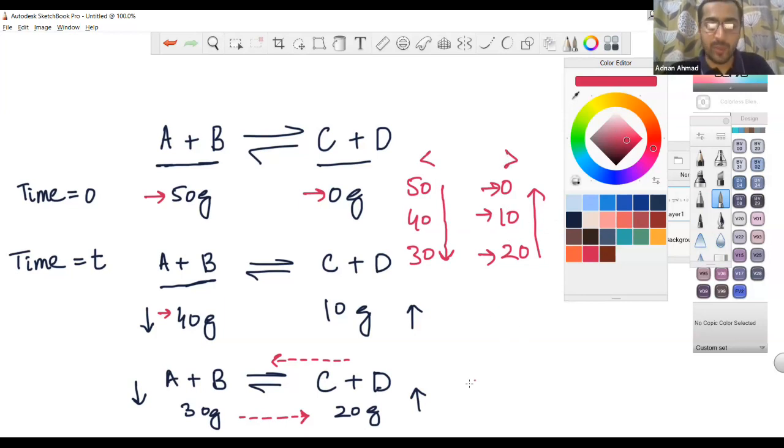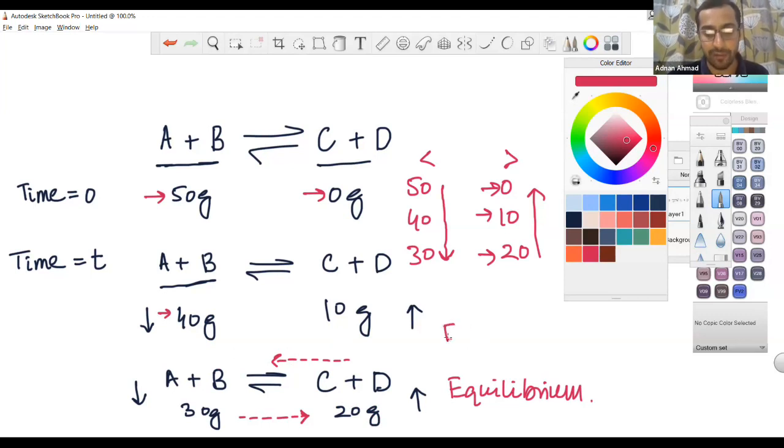So at this point, the reaction achieves equilibrium, and we say that at this point the reaction is at equilibrium. You can see that the concentrations are not changing anymore. So the concentrations are balanced, and the rate of the forward reaction and the backward reaction is balanced.